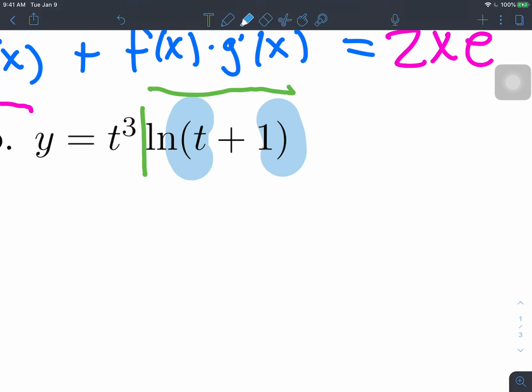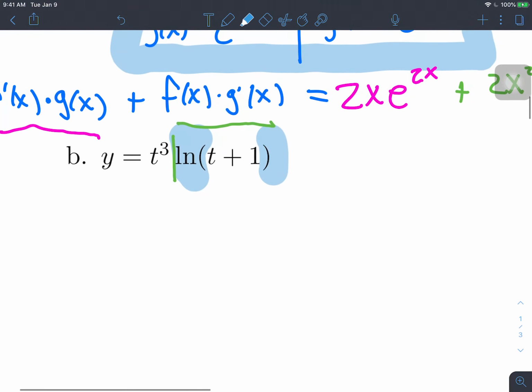The parentheses go with ln, okay? So the way that we should think about it is like this. So this is kind of like a package deal, the ln and the parentheses. And it happens to be that t plus 1 is on the inside here. Okay, great. Thank you for volunteering.